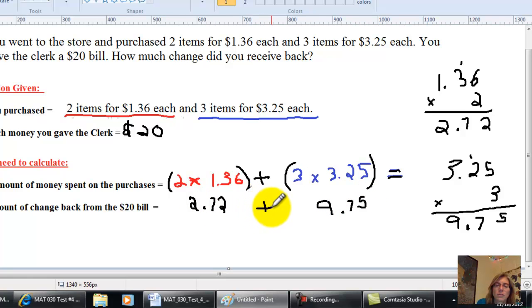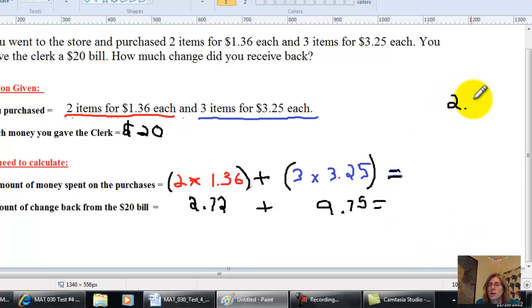We add those together to get a total of 2.72. And remember, when you add decimals, you line up the decimals and add. So line up those decimals, 9.75. So we'll add: 5 plus 2 is 7. 7 plus 7 is 14.